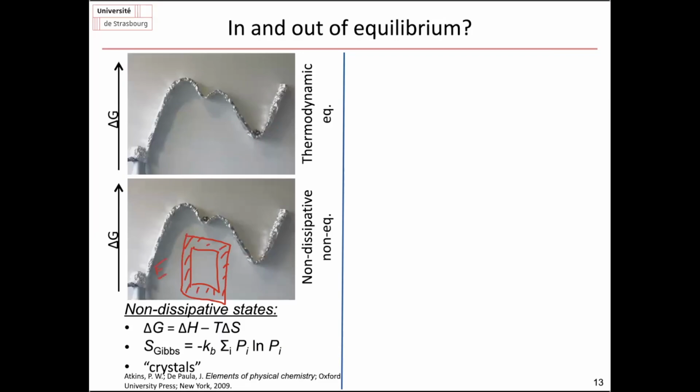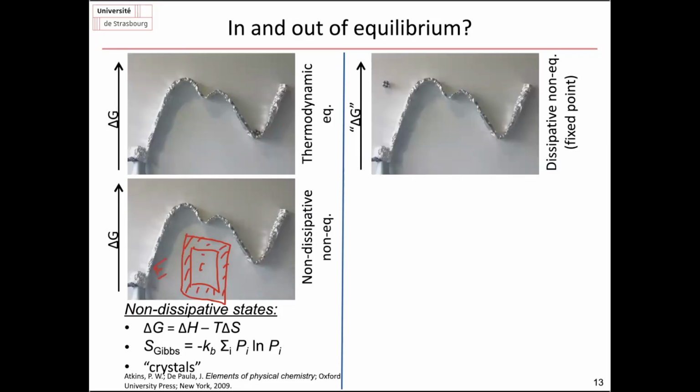Let's say the environment is here and this is inside. So even if there's no exchange, the system will stay in this kinetically trapped state, right? So it can be very stable, but you do not need to put in any energy or new molecules that can react.